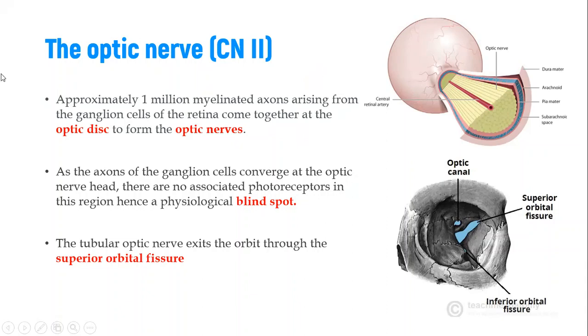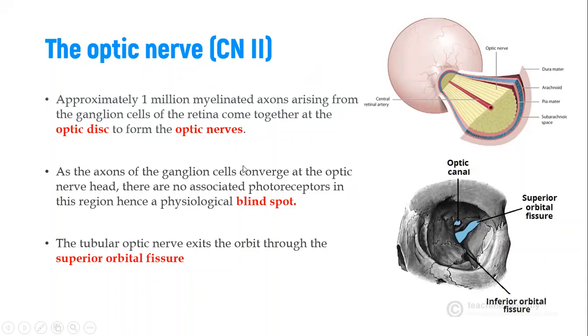So the optic nerve, we basically have so many optic nerve fibers. We approximately have 1 million myelinated axons that arise from the ganglion cells of the retina, and they come together at the optic disc. At the optic disc, you have the optic nerve that passes through. As you can see, this is a bunch of optic nerve fibers that are coming from the eye.